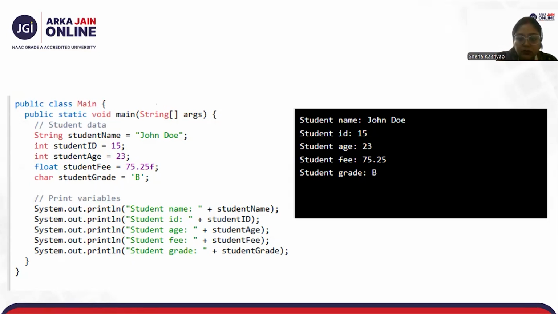It depends on which variable you are using and what value you are assigning. Again, to define a variable, we need an identifier. An identifier is used to name a variable and it has certain rules for naming. So let's move to the next one.